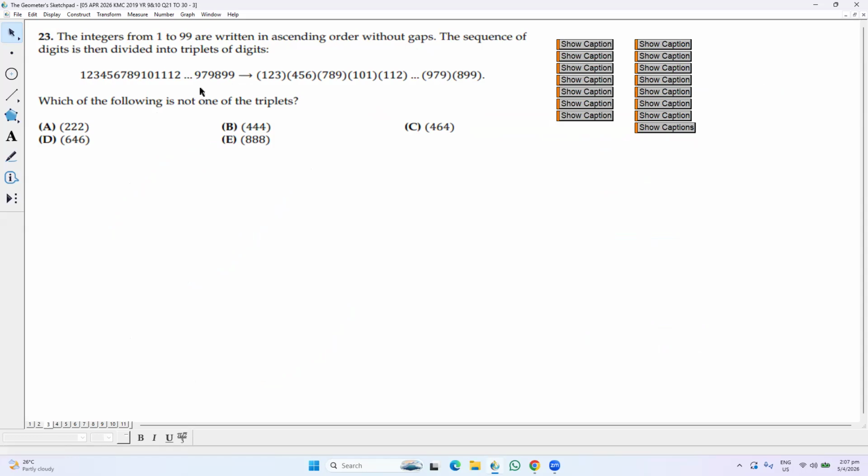So 1 to 99, we group in triplets: 1, 2, 3; 4, 5, 6; 7, 8, 9; and continue until they reach the last, 899. 899 is the last bracket. So which of the following is not one of the triplets? Out of these 5.